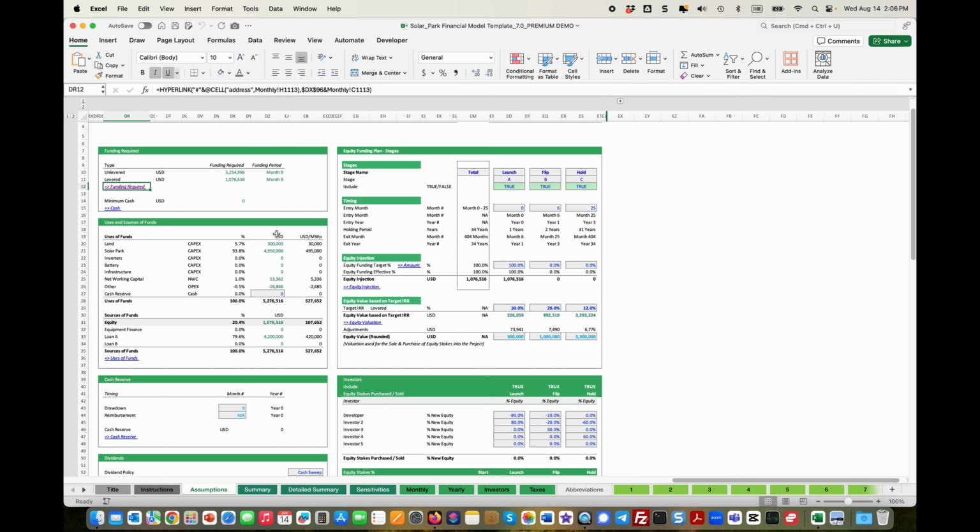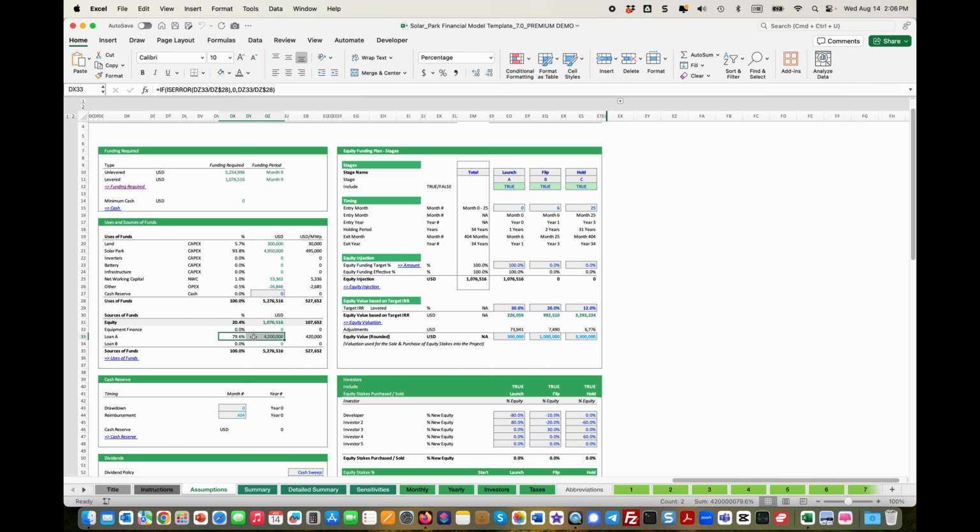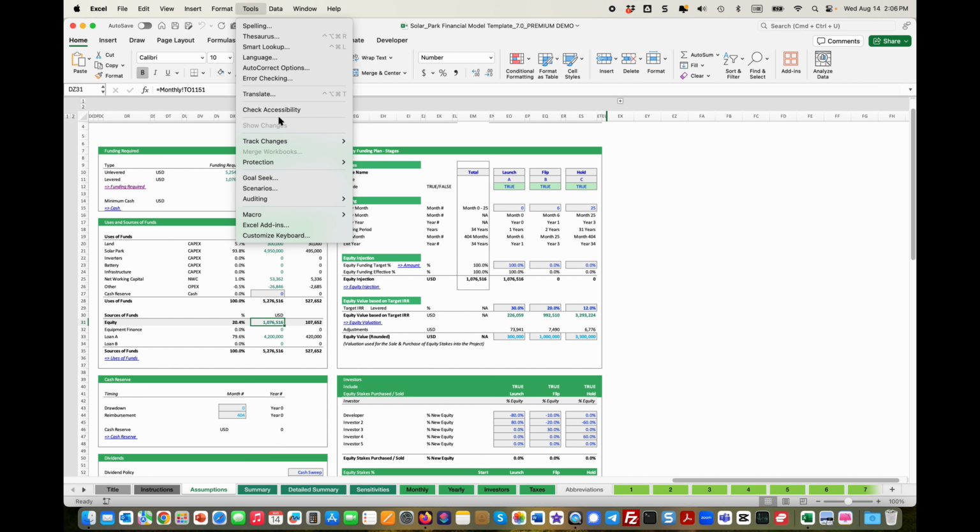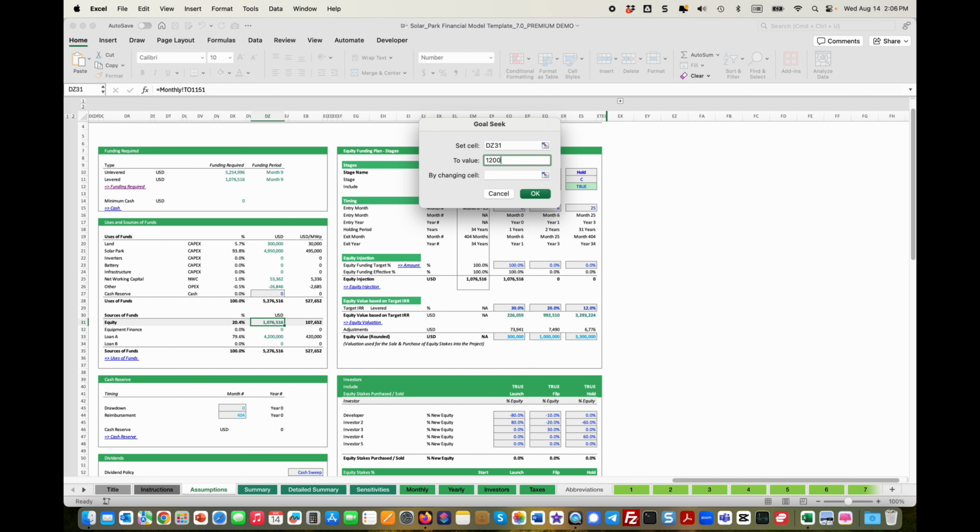And then we need to look at the uses and sources of funds, and now you can see there is the debt financing. This is 80% of the CAPEX, and for all the rest, there's also some net working capital to be financed, and that means all the rest will have to be financed through equity. Now here I like rounded numbers, so I'm going to round it up.